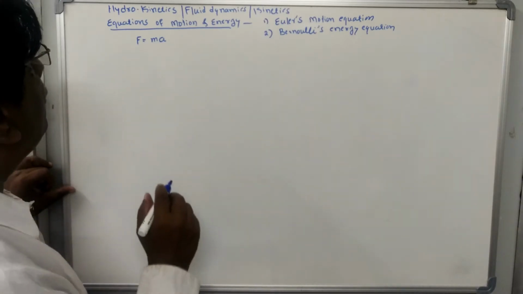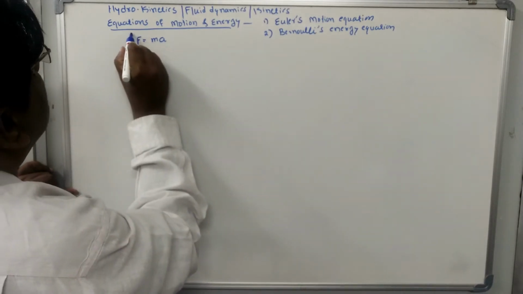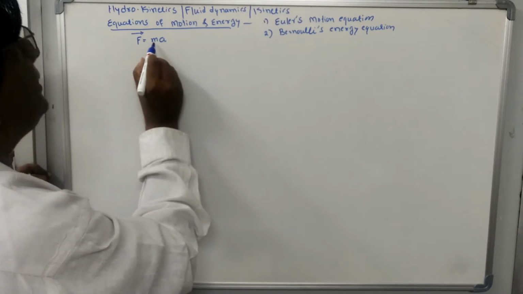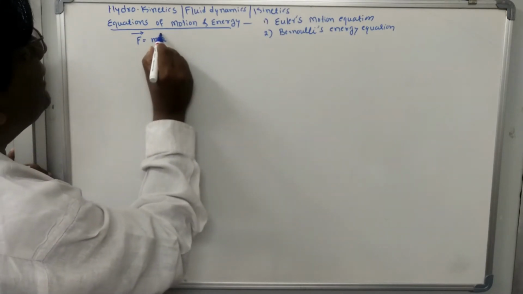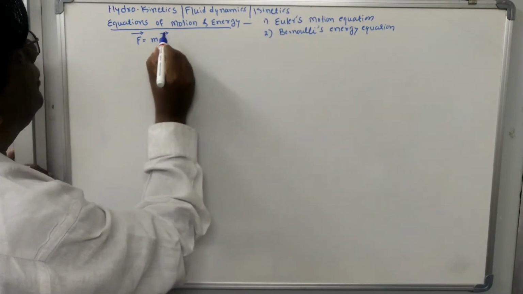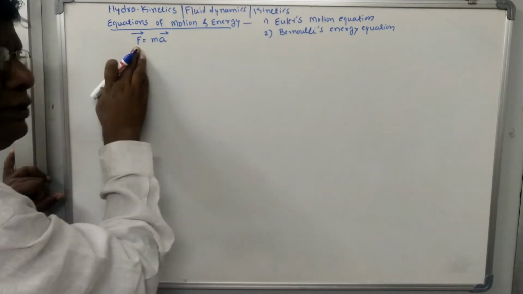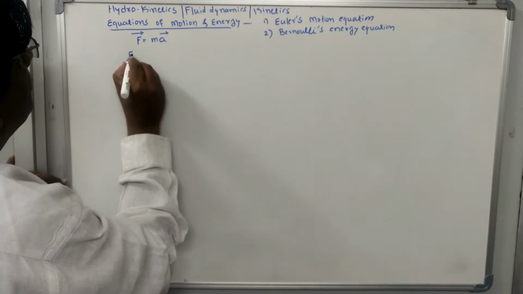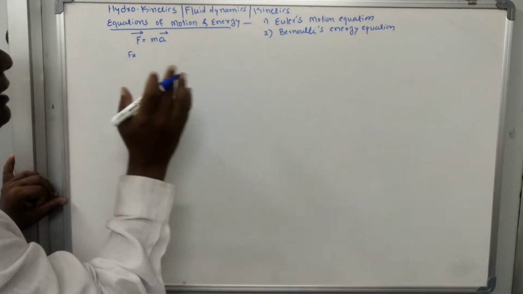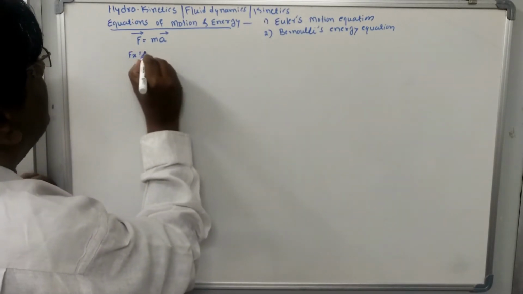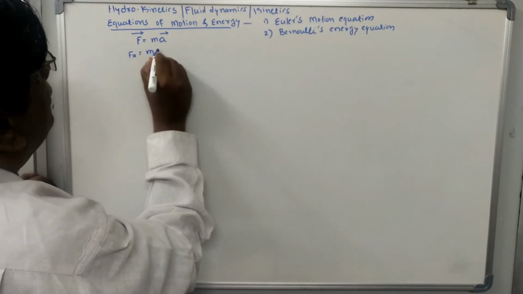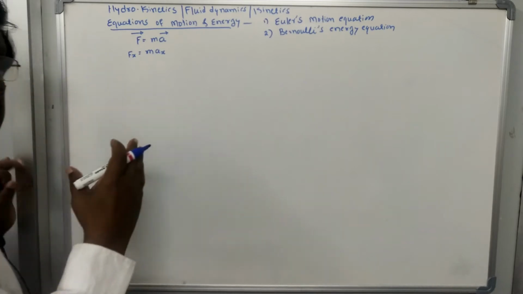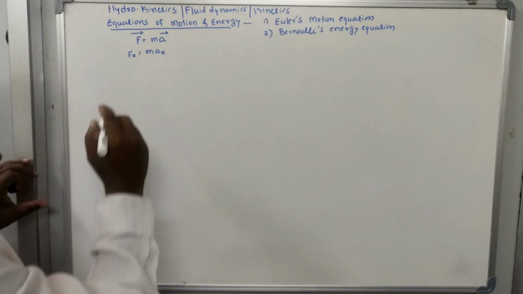As we know, force is a vector. Force vector is equal to mass, a scalar term, times acceleration, again a vector. So force has three components: Fx is the force in the x direction, equal to m into ax, where ax is the acceleration in the x component.